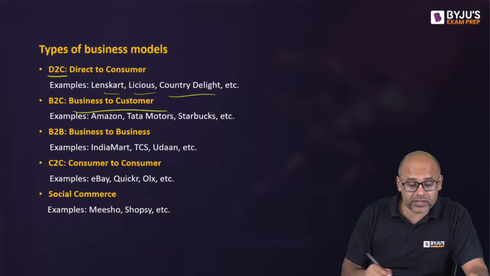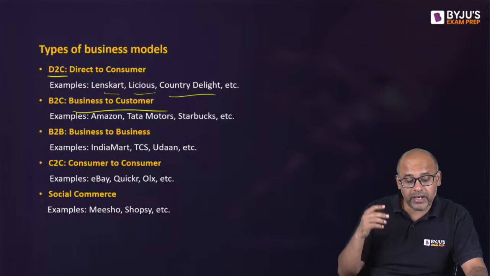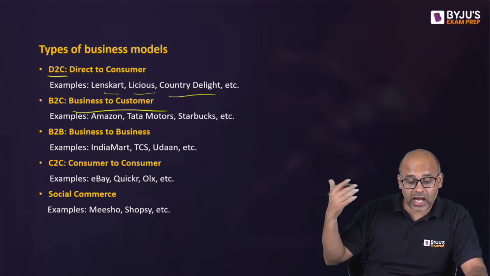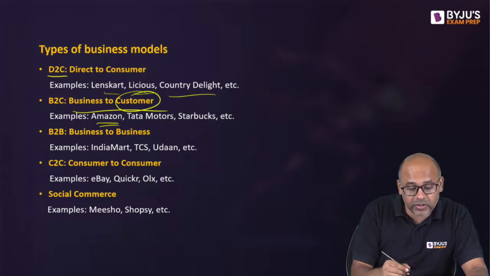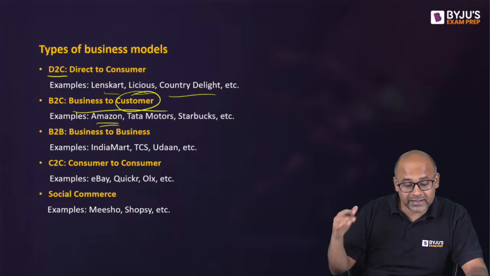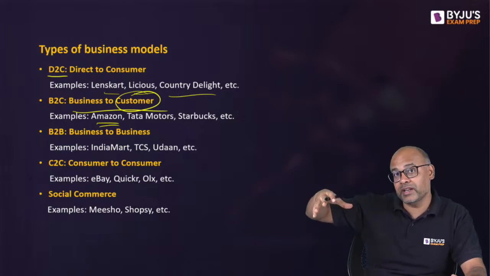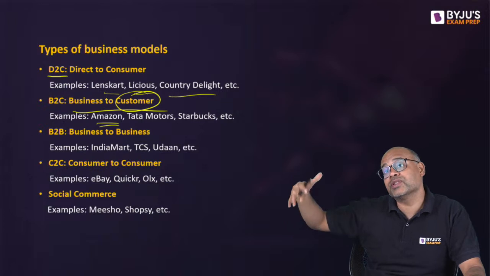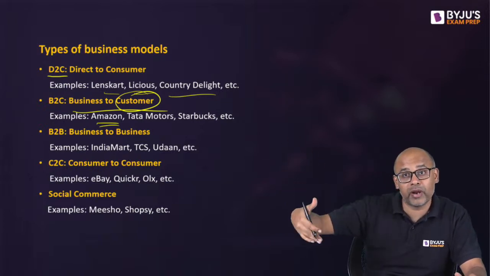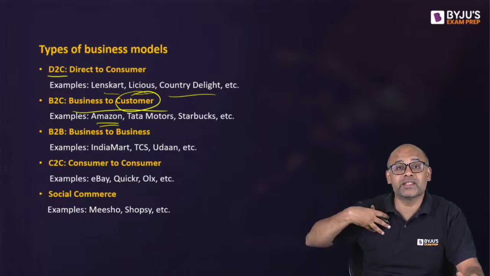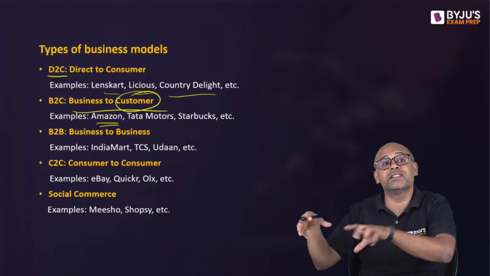Then you have business to customer. What is business to customer? Basically you're talking about Amazon, Tata Motors, Starbucks, etc., who are directly reaching out to the customer. Amazon is a company, but Amazon allows other brands to advertise or rather sell on their platform, so my business as Amazon is to let other businesses sell to you.